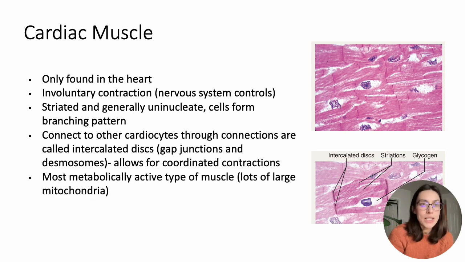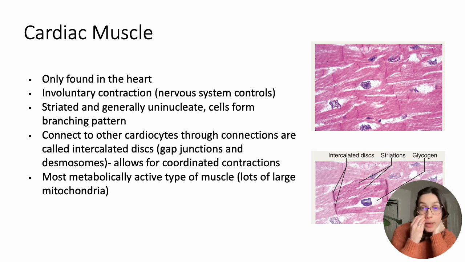This is the most metabolically active type of muscle, right? It is constantly working. It has a lot of large mitochondria to produce ATP for all of that contracting, because every time you contract, you need ATP for that to happen.